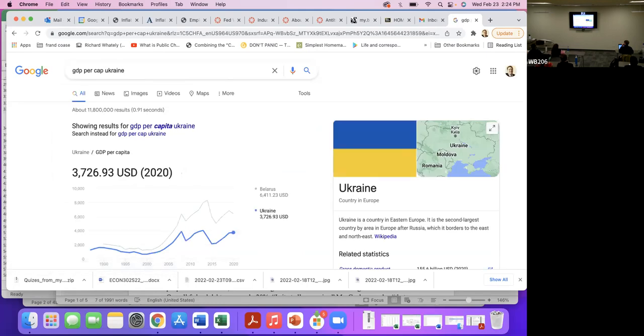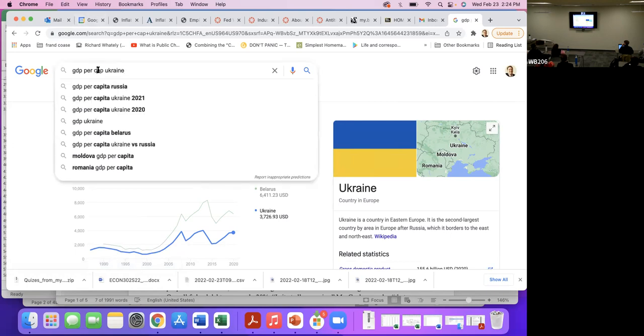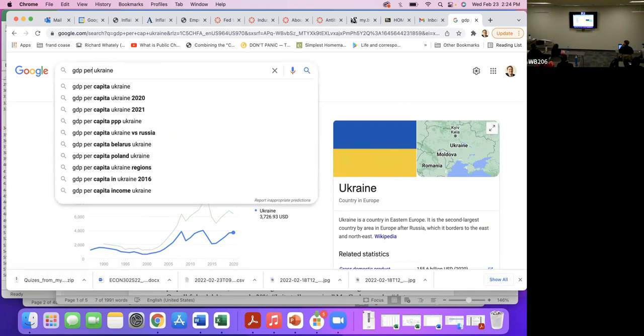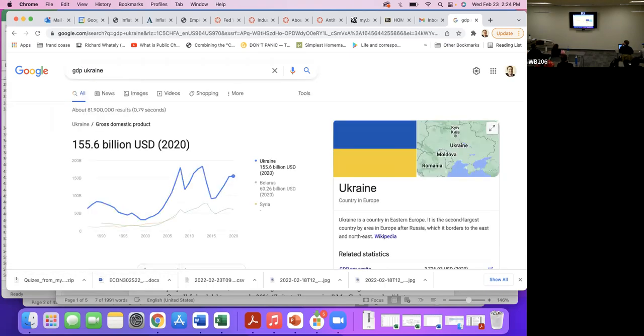GDP per capita in Ukraine is around $3,800 a year. Very poor relative to Russia. Total GDP in Ukraine? $155 billion.